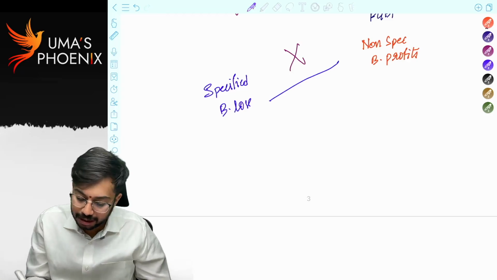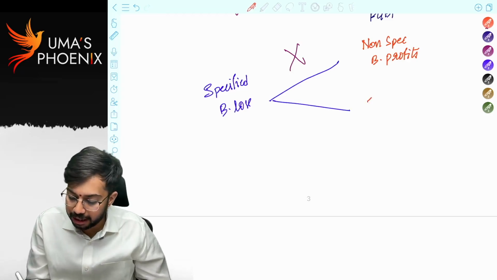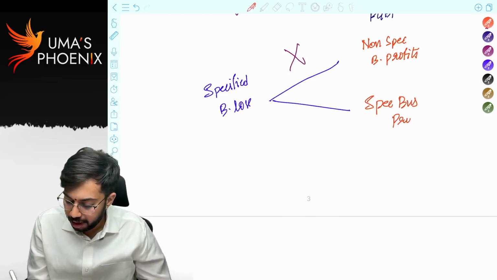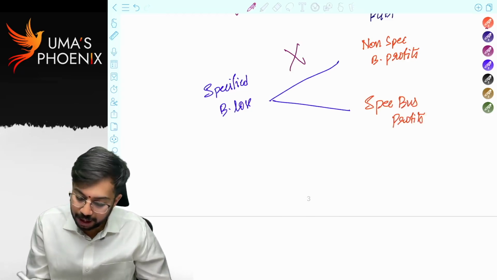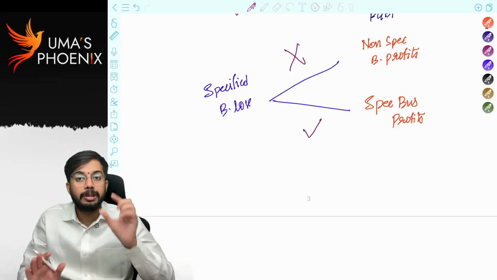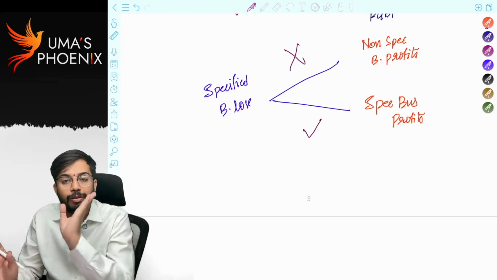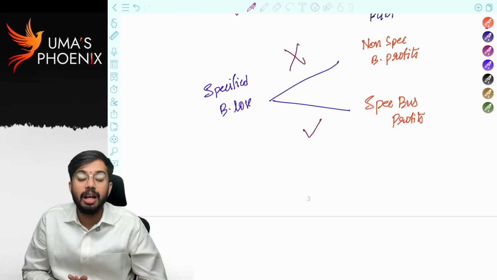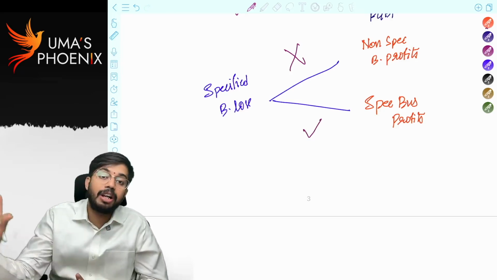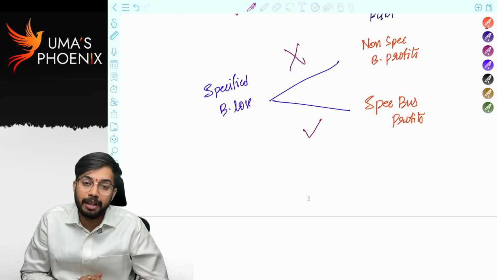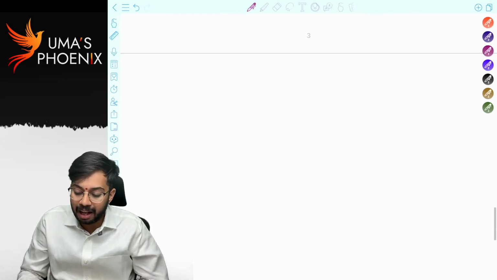Specified business loss can be set off only against specified business profits. Can you set off? Yes, you can set off. That means specified business loss can be set off only against specified business profits, but specified business loss cannot be set off against non-specified business profits.